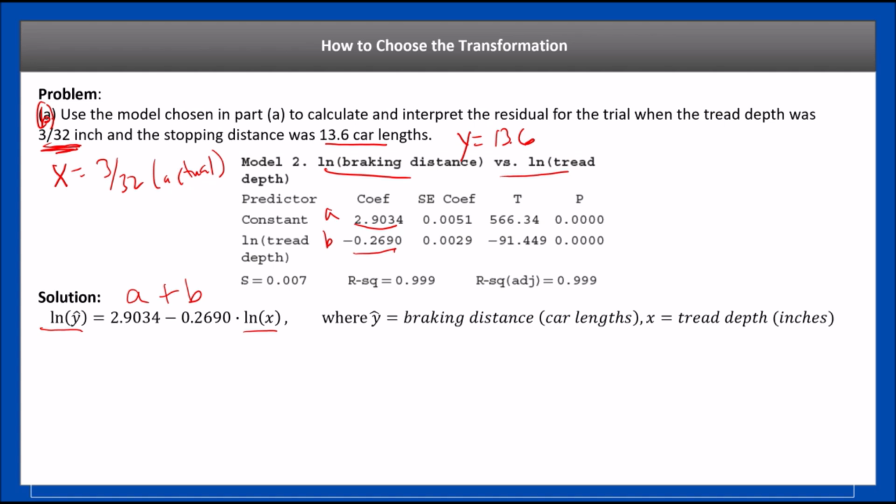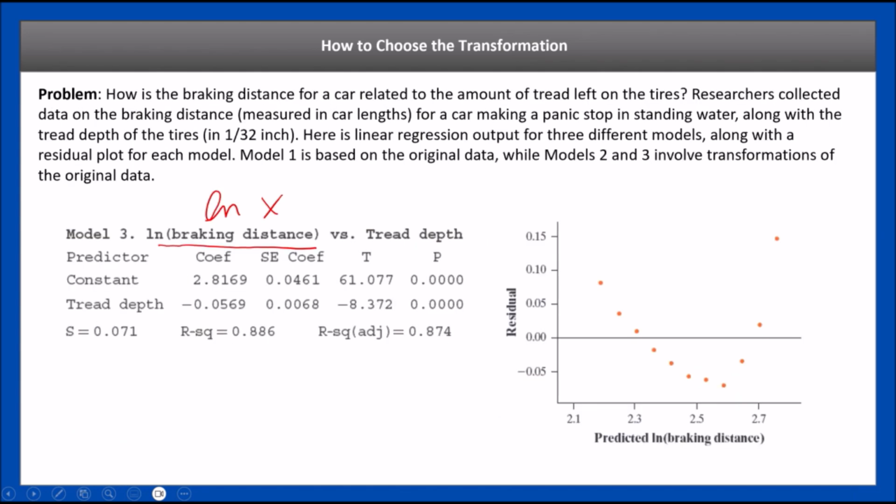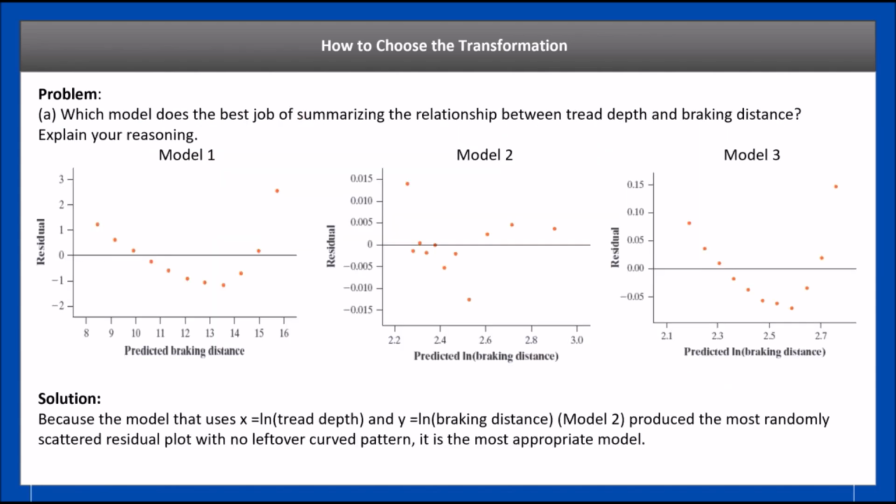So here we have the tread depth is 3/32 of an inch, so that's my x. But remember, if I look in the previous example, it says that the tread depth is measured in 1/32 of an inch, and so the x value is actually going to be 3.